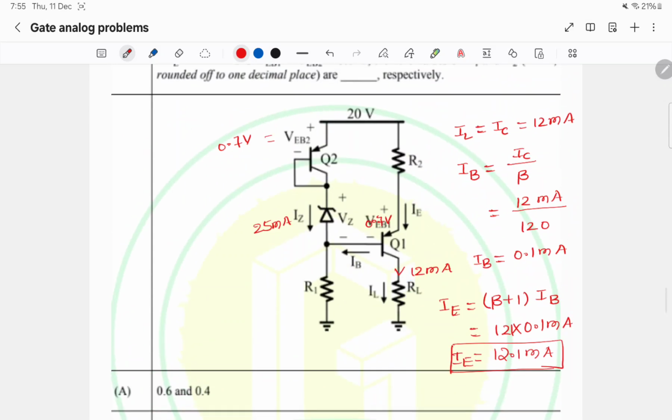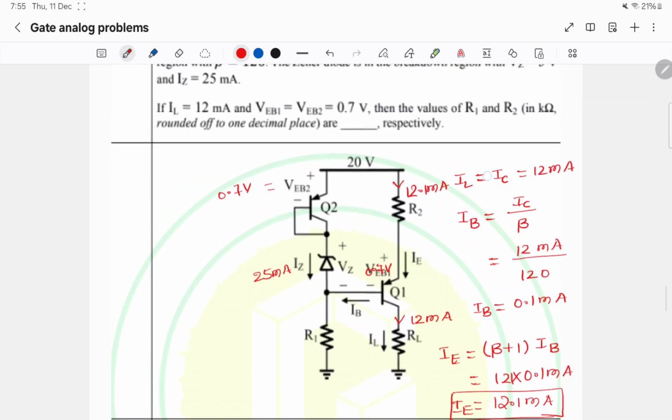So the current flowing in R2 is 12.1 milliamps. To find out the value of R2, we should know this potential VE. If we know this potential, we can find the value of R2.